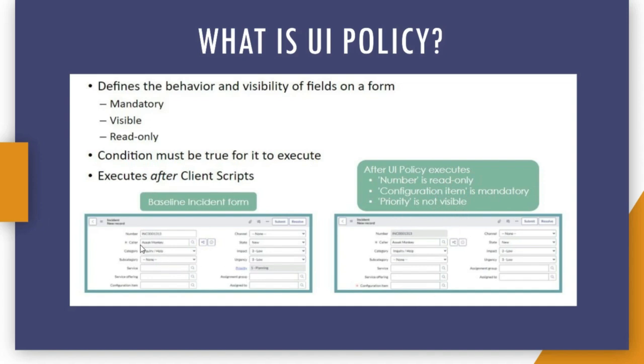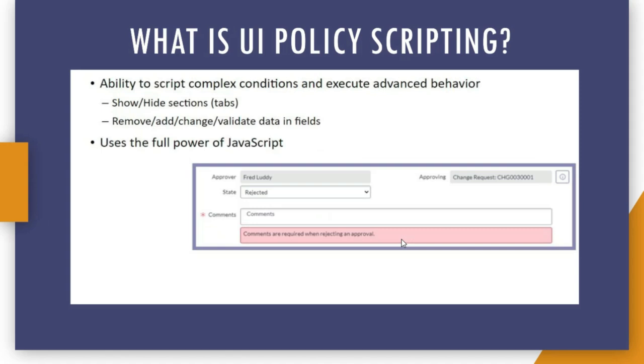As you can see, number is not read only here, but it is read only here. Configuration item is not mandatory here, but here it is a mandatory field. And here priority is visible, but here it is not visible. These things can be done using UI policy. So let's move further and see what UI policy scripting is.